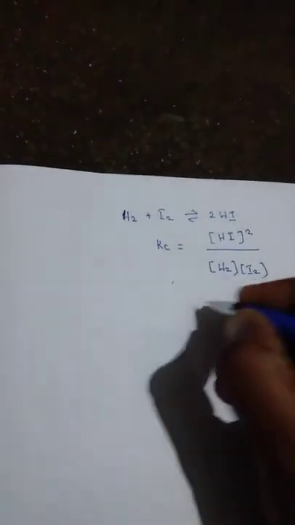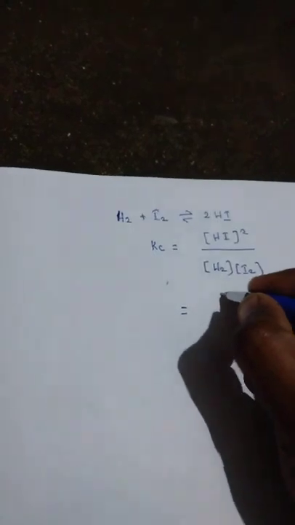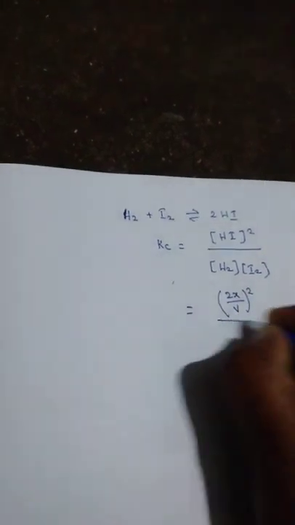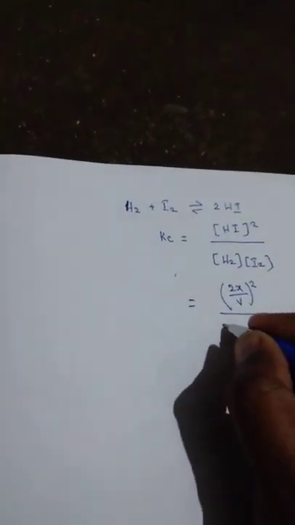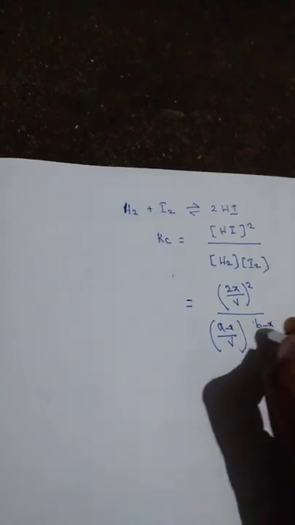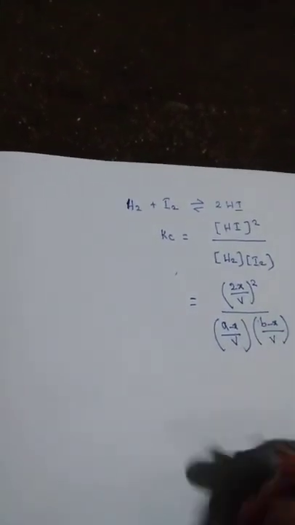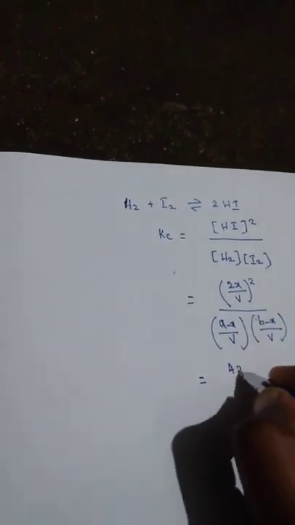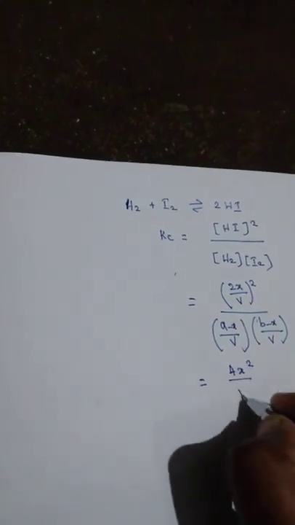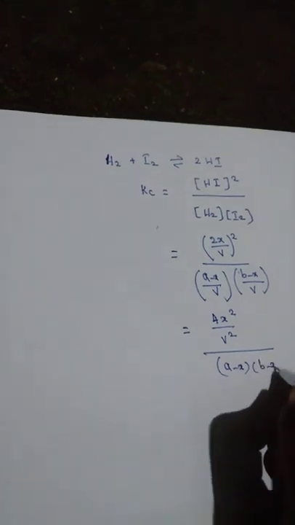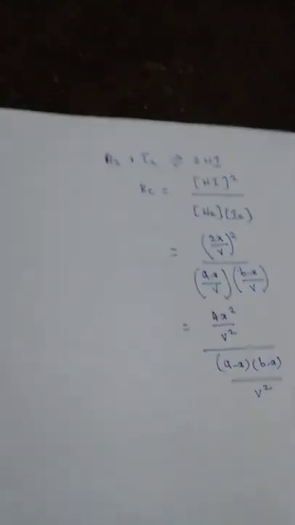Hydrogen iodide concentration is 2X divided by V, the whole square, divided by hydrogen concentration A minus X divided by V into B minus X divided by V. Understand how we can solve this? 2X divided by V the whole square gives 4X squared divided by V squared, divided by (A minus X) into (B minus X) divided by V squared.